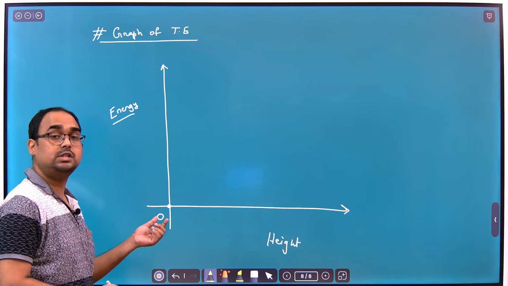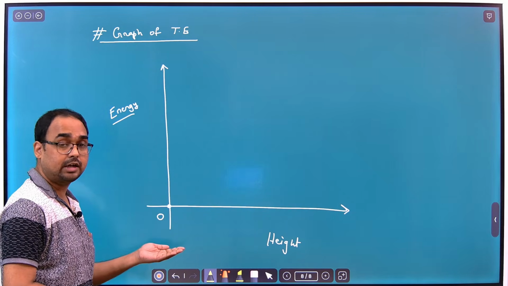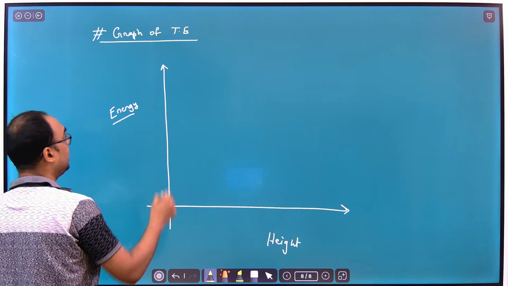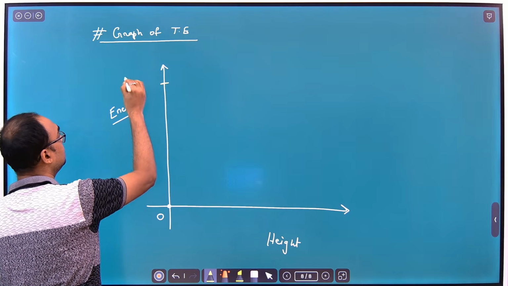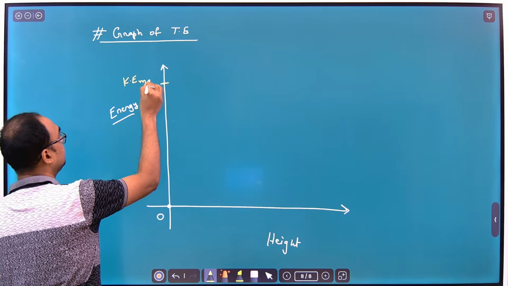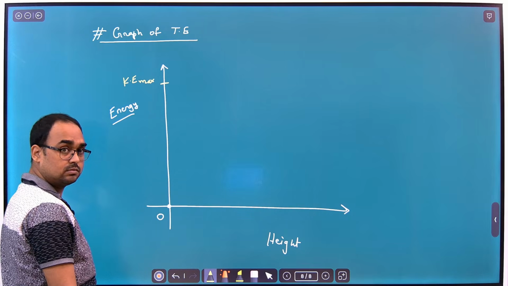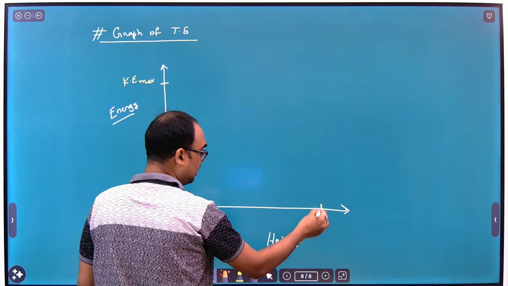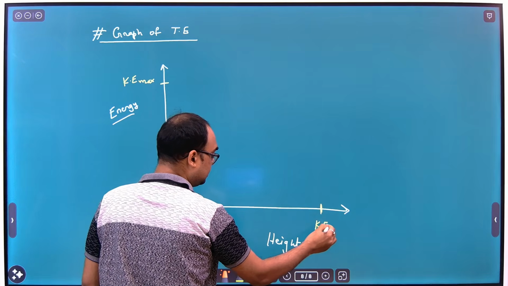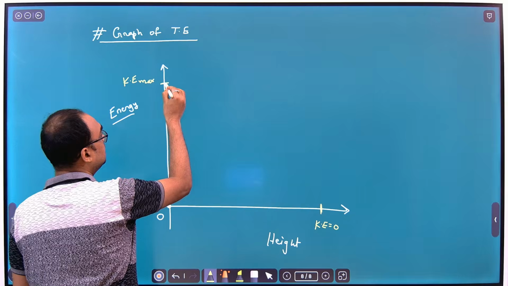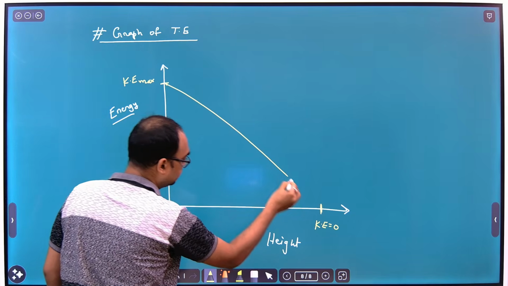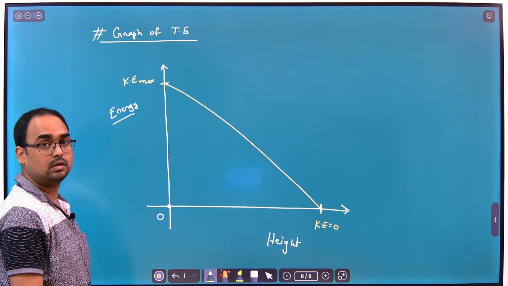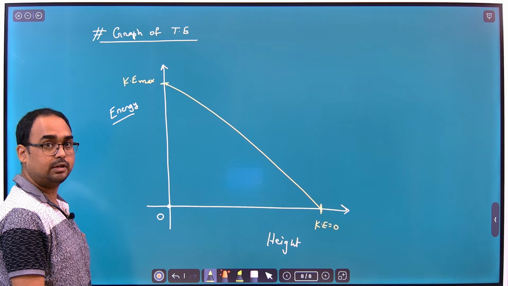When height was 0, means when the object was near the ground, you had kinetic energy maximum. And when height was maximum, you had kinetic energy 0. So this is the kinetic energy line. Clear? Got it?